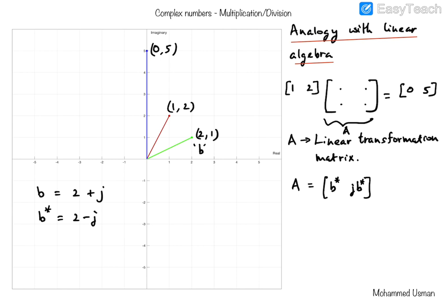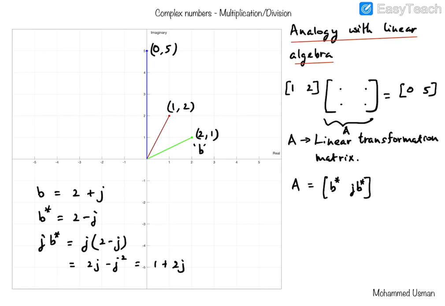So if B star is 2 minus j, the complex conjugate of B, then j times the complex conjugate of B will be j into 2 minus j, which will become 2j minus j square, and since j square is minus 1, minus of minus 1 will become 1 plus 2j.